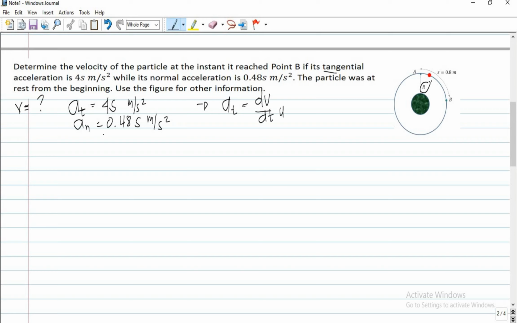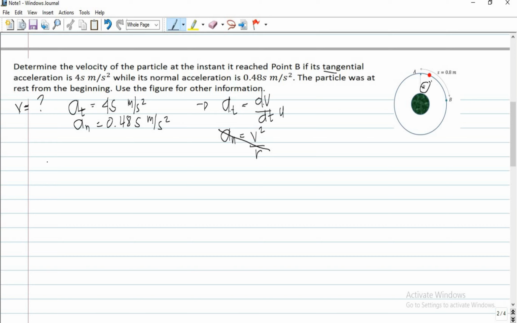For the normal acceleration, I know that the equation is v squared over r. Alin dito ang pwede kong gamitin? I cannot use an. Bakit? Walang given na radius.